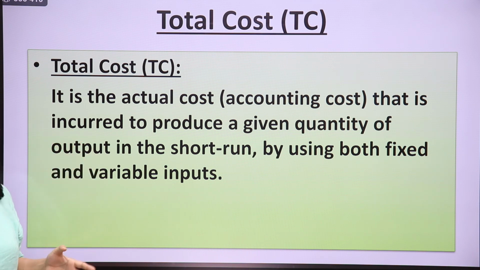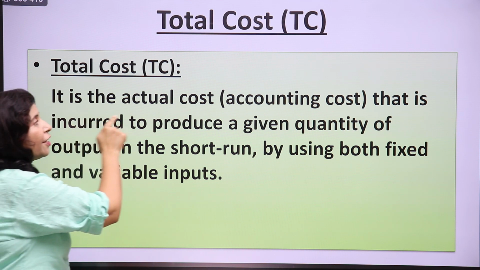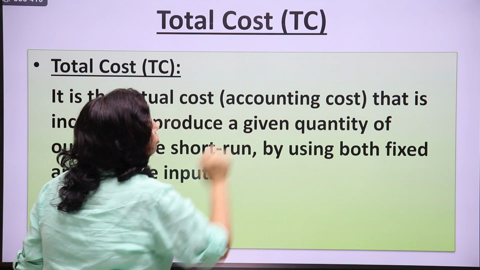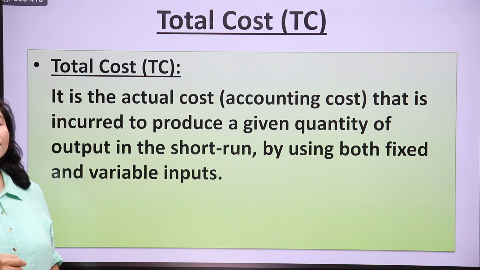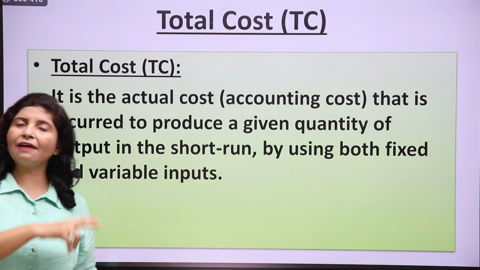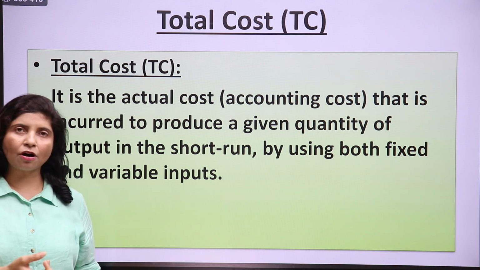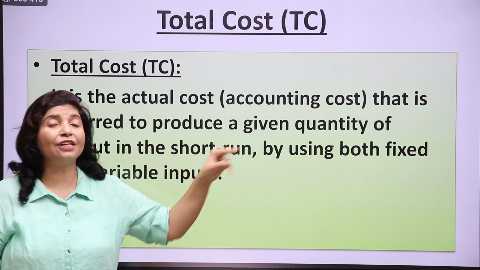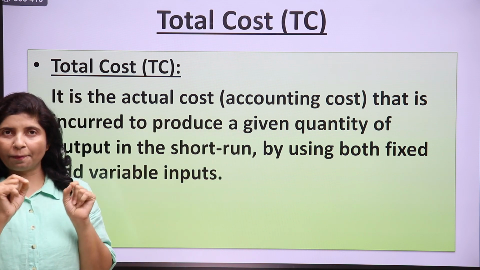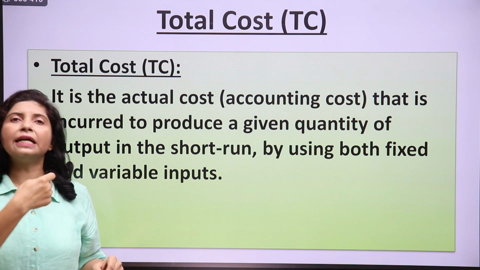That is the cost of all the inputs, fixed and variable inputs, and that is recorded in your accounting books, and that's why it is known as actual cost or your accounting cost. Why? Because we have already studied in our previous videos that there are explicit cost and implicit cost. Explicit costs are your actual cost that you actually pay for your plant, for your machinery, for your raw material, labor, etc. in money terms.